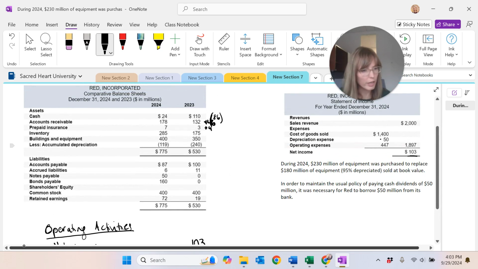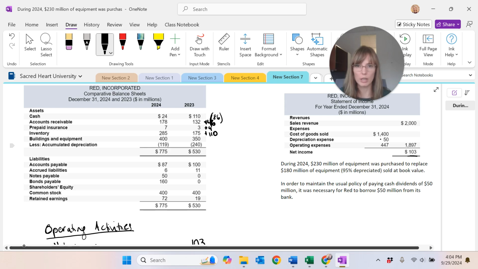Inventory is our next current asset. I see that inventory went up 110 million. Okay, so presumably this was paid in cash. If some of this was on account, we're going to adjust for our accounts payable. So right now, it's safe to assume that this was all paid in cash.